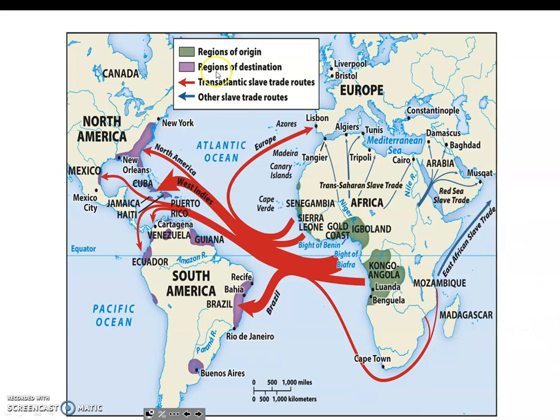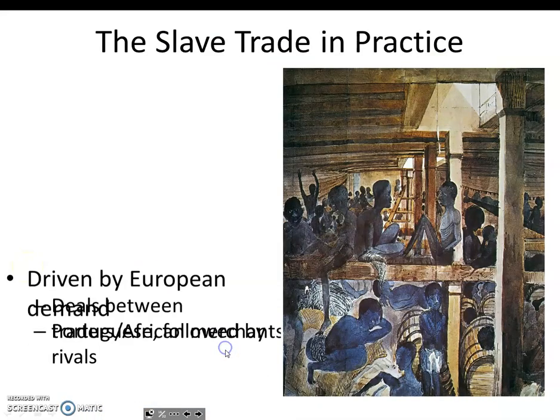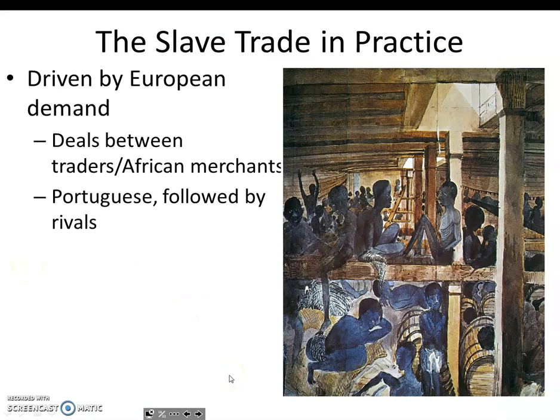Now again, we see numerous slave trading routes: East Africa, Trans-Saharan, Red Sea, but the bulk, the vast majority, are forcibly transported to the Western Hemisphere. Now, in practice, it's driven by European demand, although Europeans didn't raid Africa for slaves themselves, because the West African societies in which they tried to gain slaves were very good at defending themselves, and many actually sold slaves peacefully.